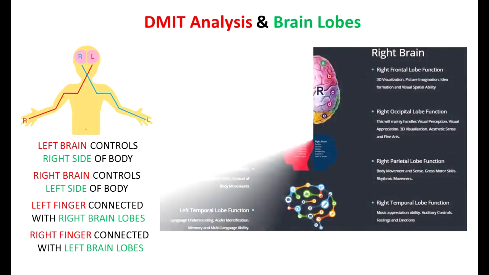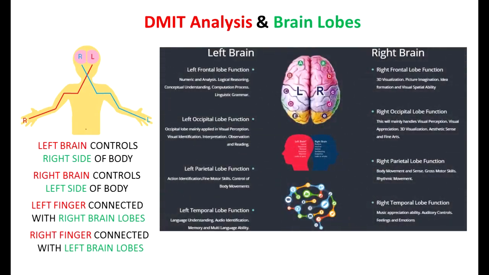So while doing the DMIT test, we study left brain and right brain and their lobes. We study all the functions and usages. Based on their usages, the DMIT report will be generated.